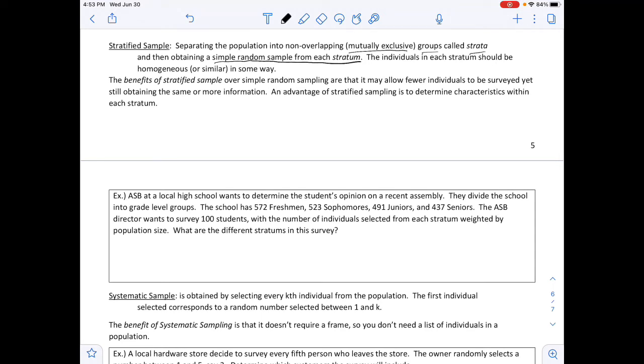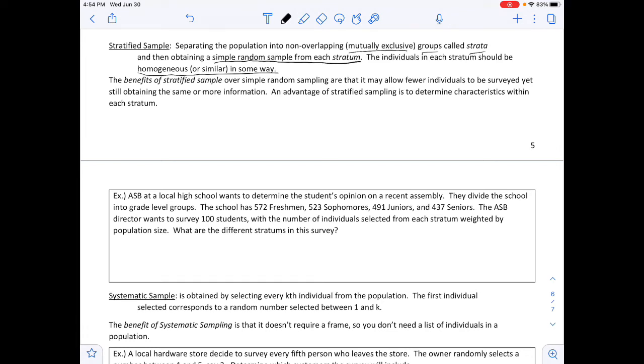The individuals in each stratum should be homogeneous or similar in some way. The benefit of stratified sample over simple random samples is that it may allow fewer individuals to be surveyed, yet still obtaining the same or more information. An advantage of stratified sampling is that you can determine characteristics within each stratum.